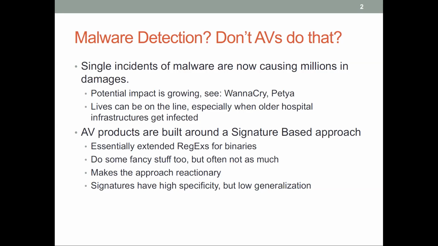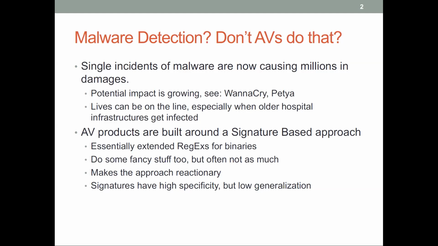This makes the approach reactionary. If we follow this approach, we first have to wait for a malware to come out, then extract a signature for that piece of malware, and then react to other infections of that malware.